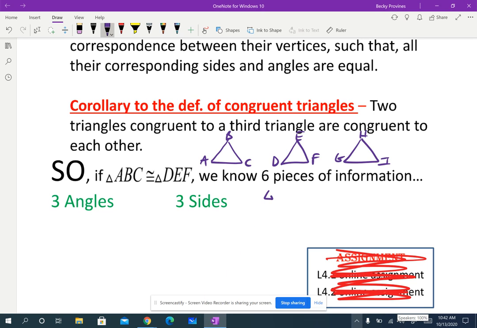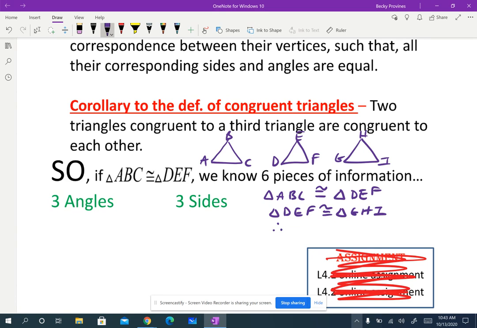So if I say triangle ABC is congruent to triangle DEF, and I say triangle DEF is congruent to triangle GHI, notice both triangles here, the first and the last, are both congruent to the middle triangle.